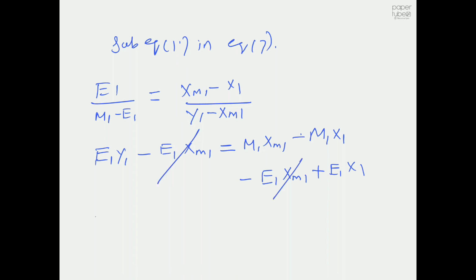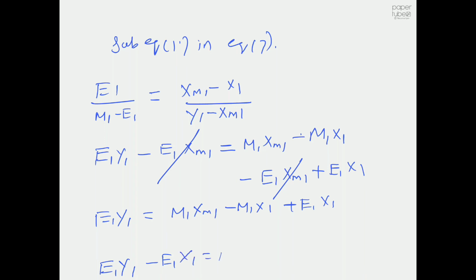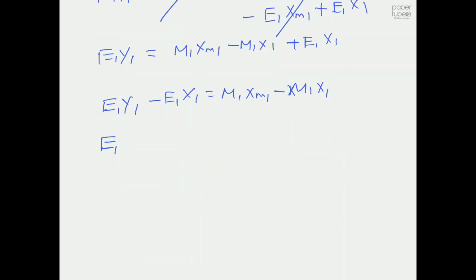So what we get at the end is E1 Y1 equal to M1 XM1 minus M1 X1 plus E1 X1. Therefore E1 Y1 minus E1 X1 is equal to M1 XM1 minus M1 X1. From this we can calculate the E1 by M1 ratio.